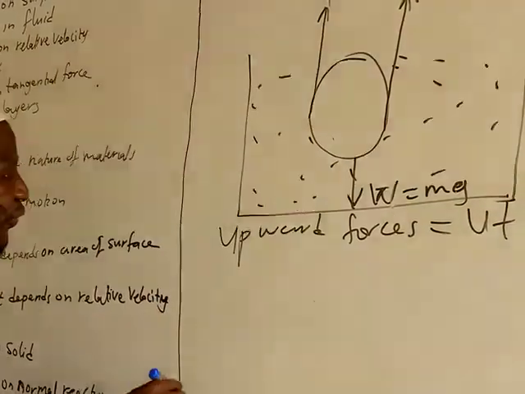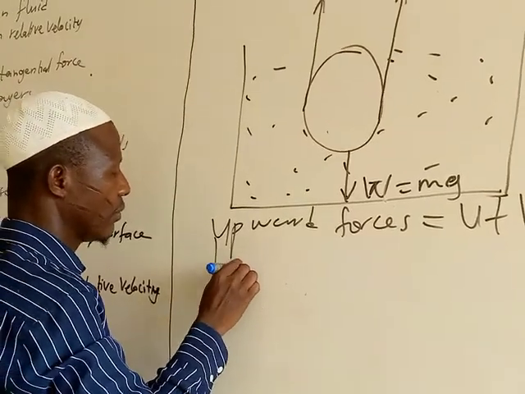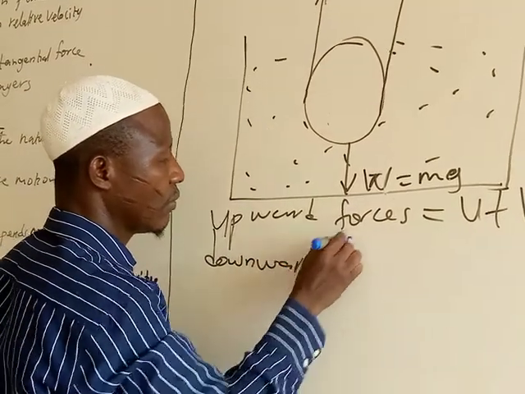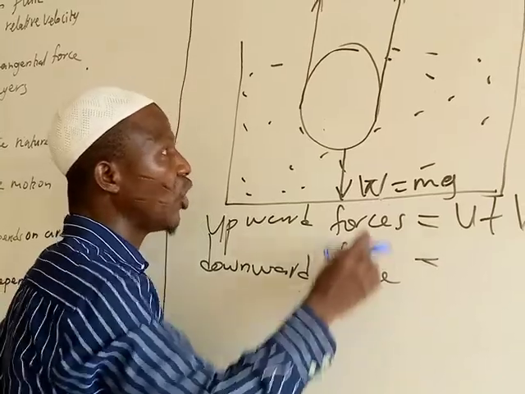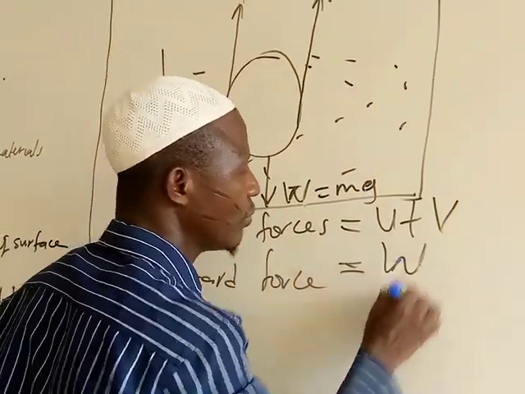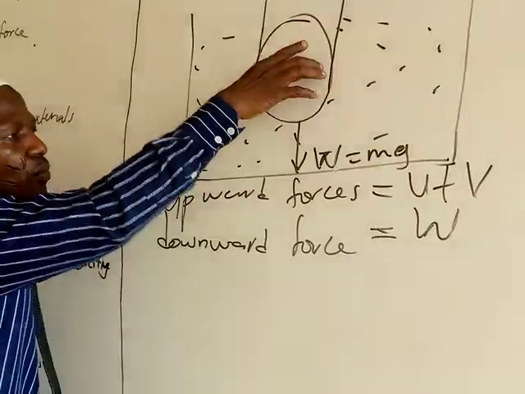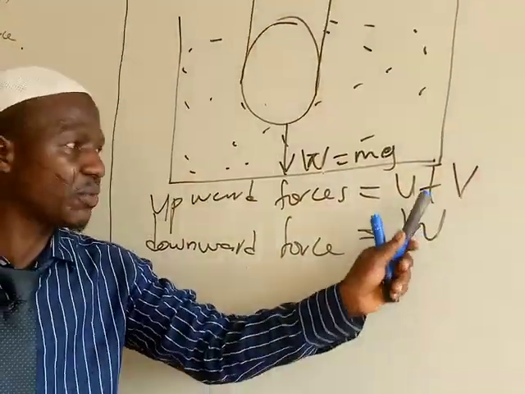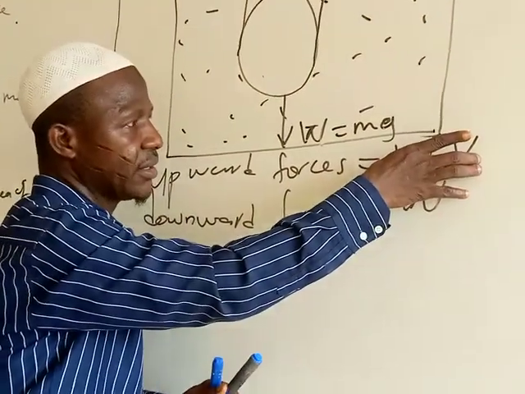Then we have the downward force, which is the weight of the object, W. For this object to move downward, this weight must be greater than the sum of these.